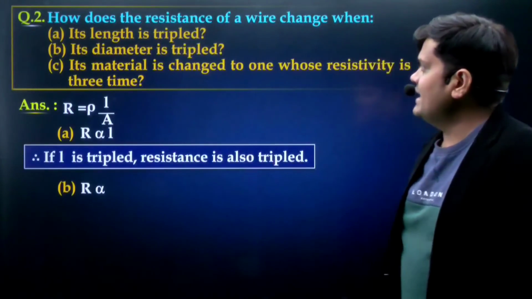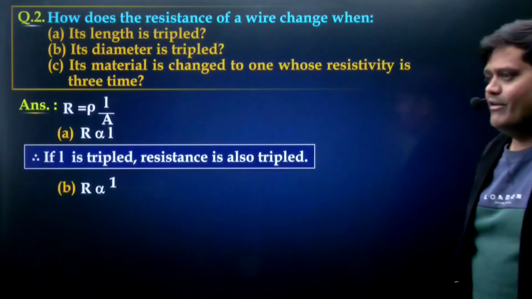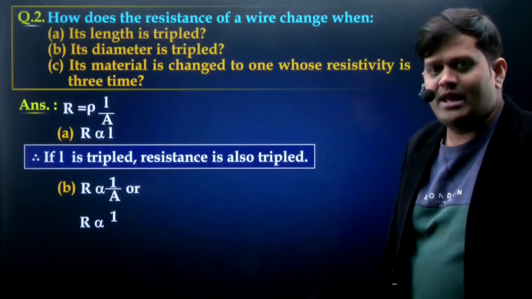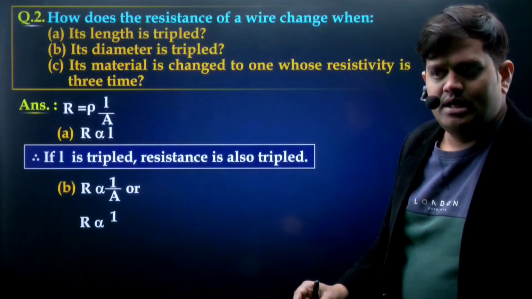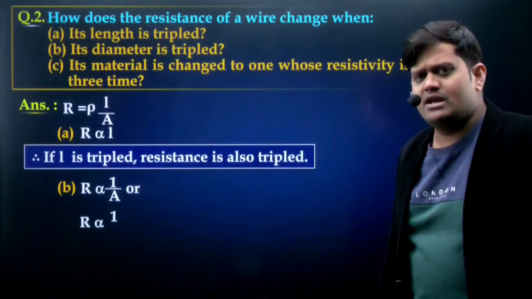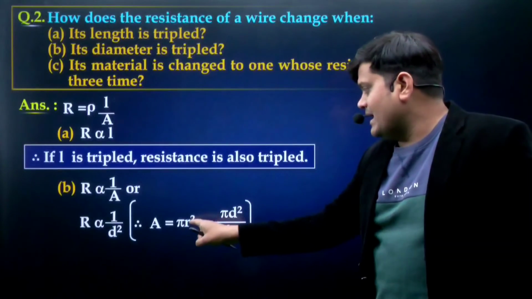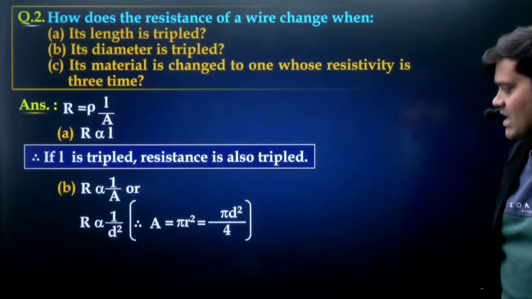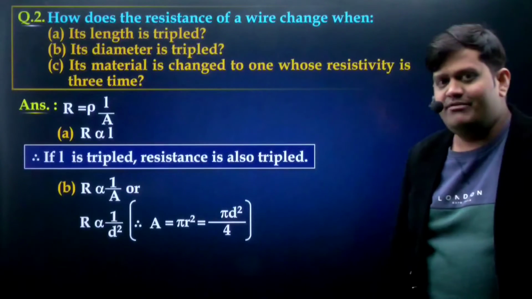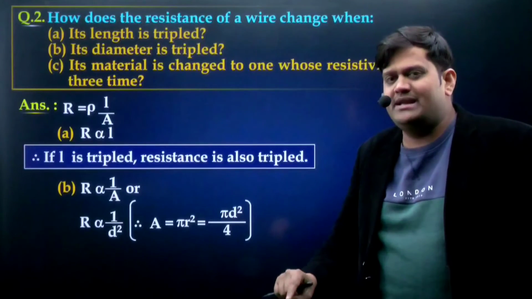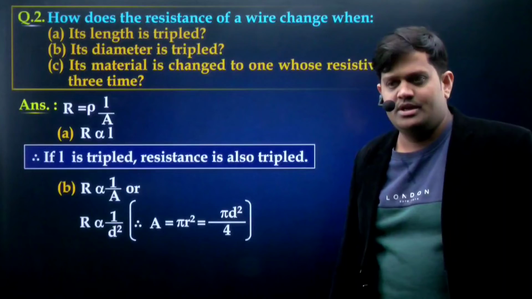Now the second part: its diameter is tripled. As we know, the cross-section area is pi r square, and r is the radius. The complete diameter is 2r, double the radius.